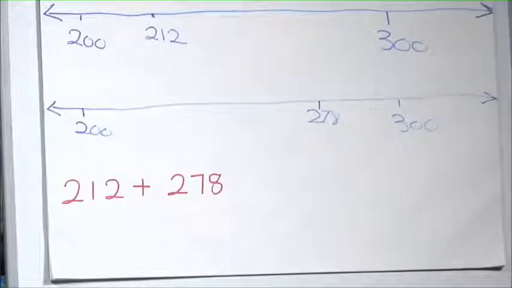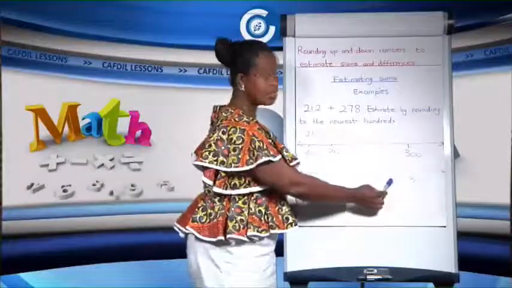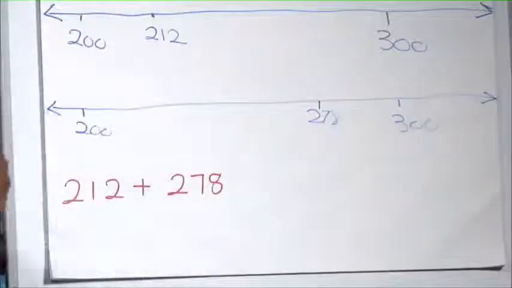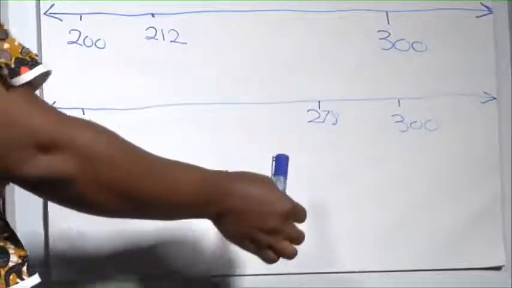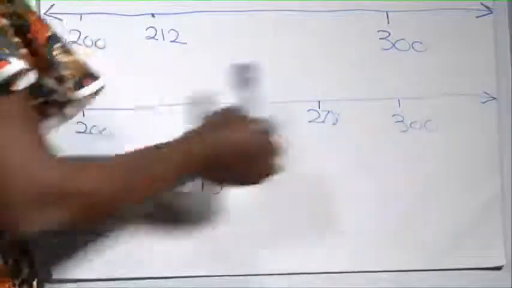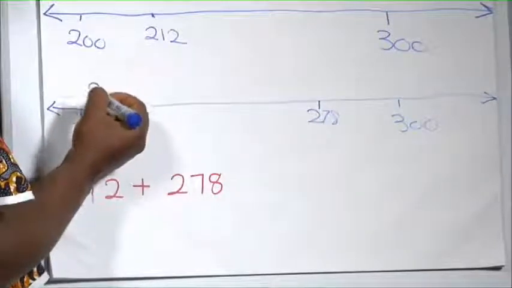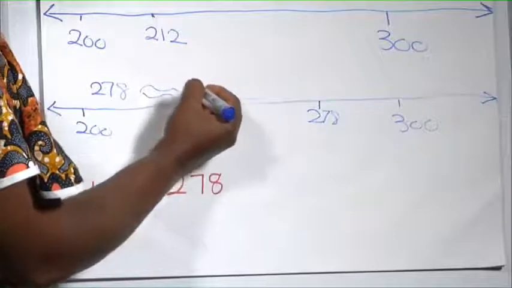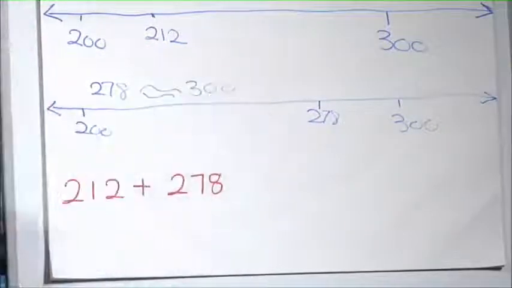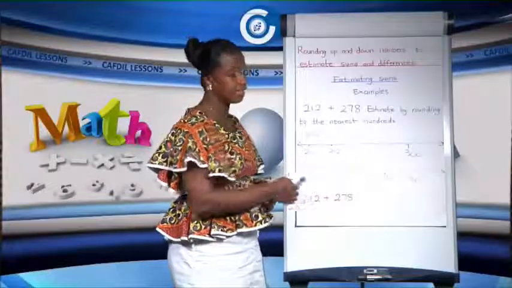Which one is closer to 278? It is obvious that 278 is closer to 300. So rounding it to the nearest 100, 278 will be approximately equal to 300. Now we are going to add these two numbers, 200 and then 300.